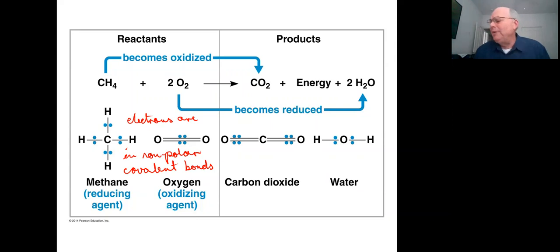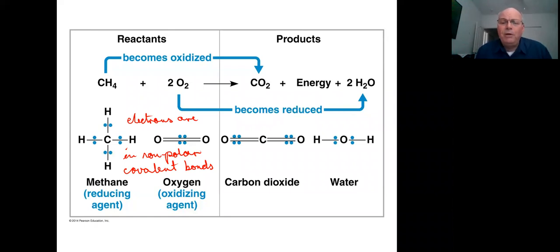When we come over and we take a look at the products, carbon dioxide and water, the first thing we notice is we have broken the existing non-polar covalent bonds and we've formed some new covalent bonds. But these covalent bonds are no longer non-polar. These are polar covalent bonds. And if we ever doubted that, we just have to think about what we know about water.